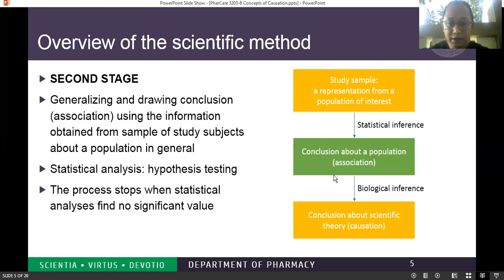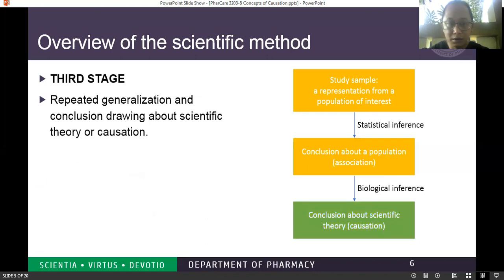Okay, and then the third stage. If we find a significant value, then we can repeat the generalization and conclusion about scientific theory or causation. So we use the current theory or current knowledge.